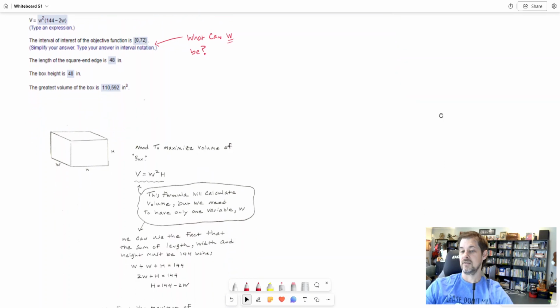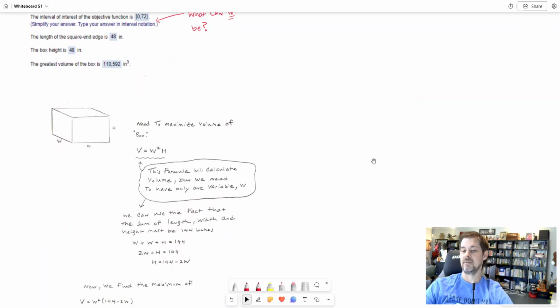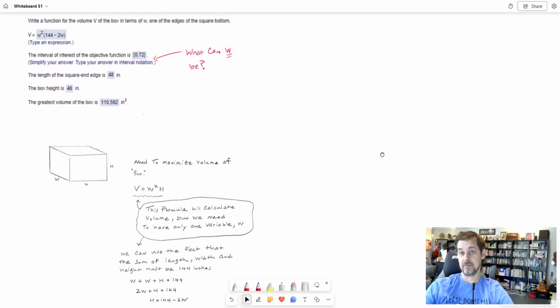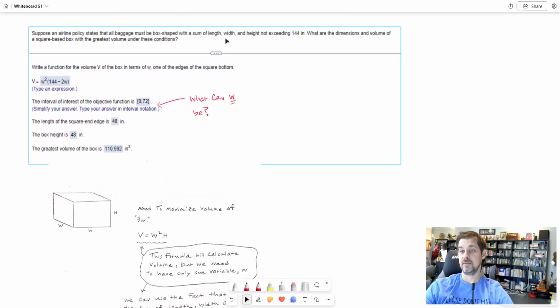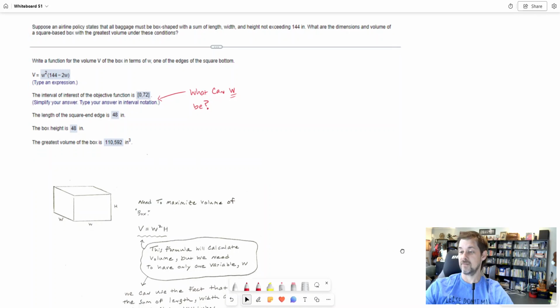Okay, so then we might think that, all right, well, just at its maximum then, W plus W plus H would need to be 144. I mean, in order to strive for getting the maximum volume, right? That's what it said, right? Those are the rules. It says, the biggest box you can have has a sum of length, width, and height not to exceed 144 inches.